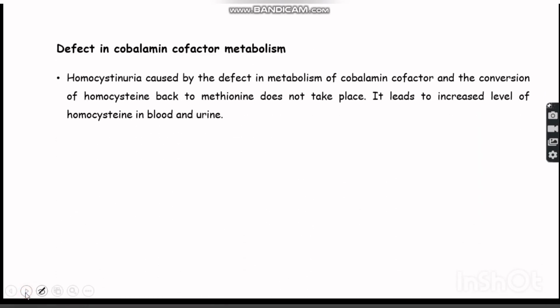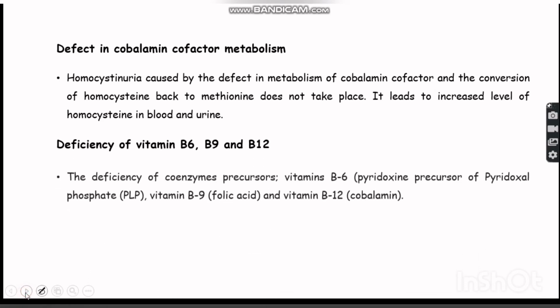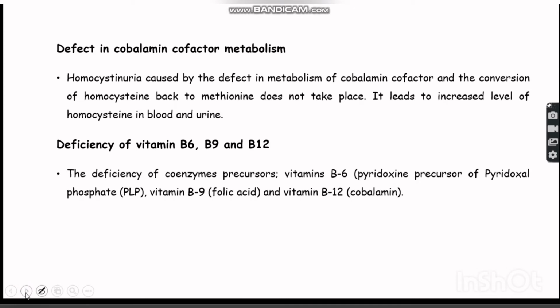Or there may be cobalamin cofactor metabolism defects, or deficiency of vitamin B6, vitamin B9, vitamin B12. So obviously if these vitamins are not present, the cofactor is not working properly, that enzyme will not work properly, and it ultimately leads to increased level of homocysteine.